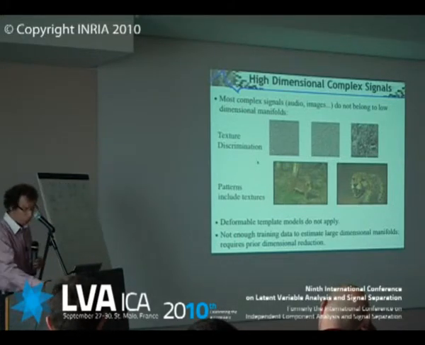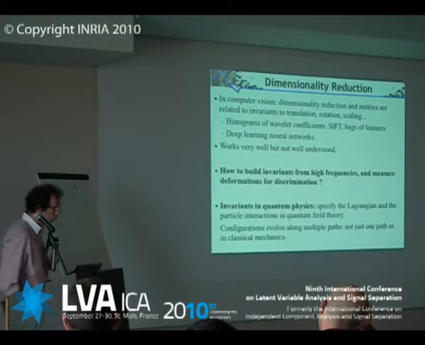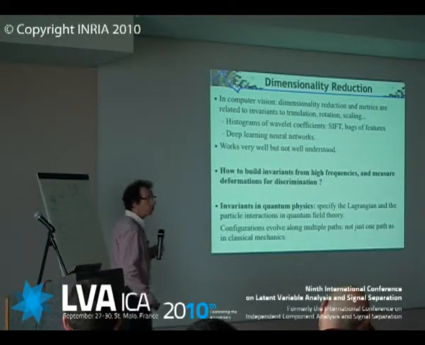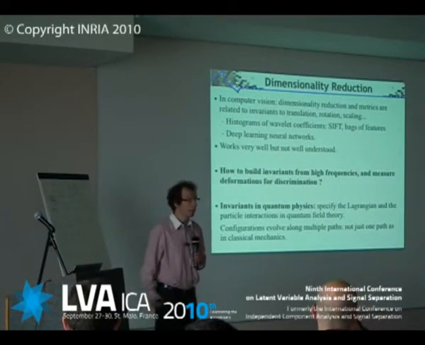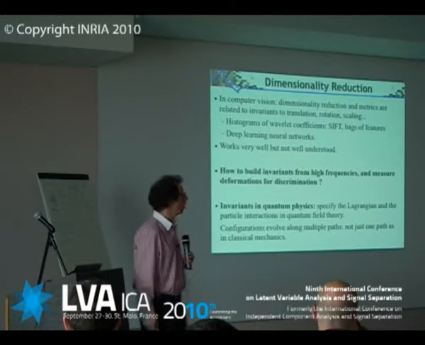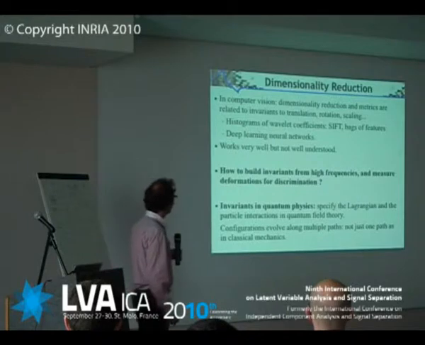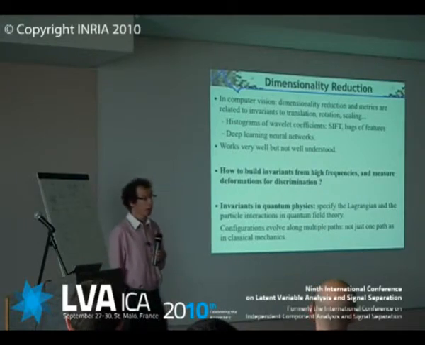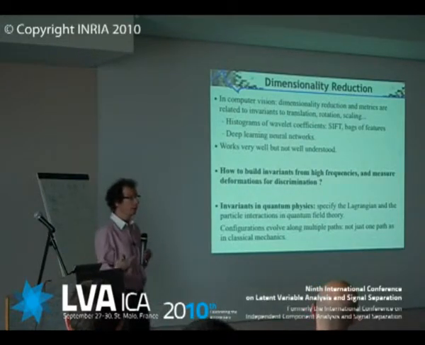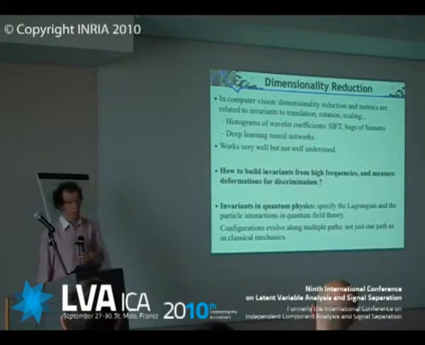These are the questions which are arising. People in computer vision know them very well. They've been trying to develop techniques to go around that. And one of the key issues, of course, is dimensionality reduction. How can you reduce dimensionality to be able to do your recognition task?